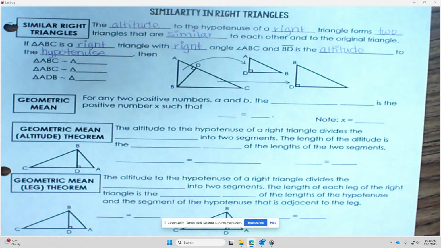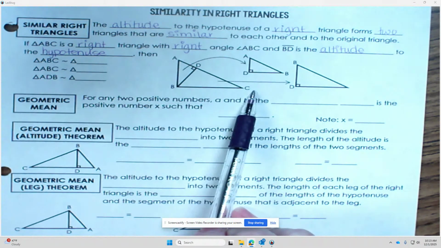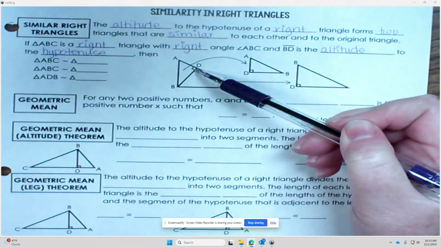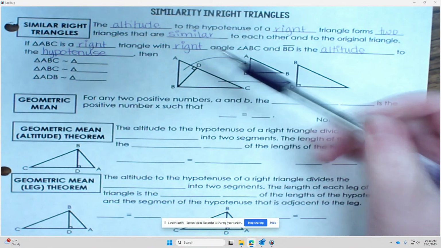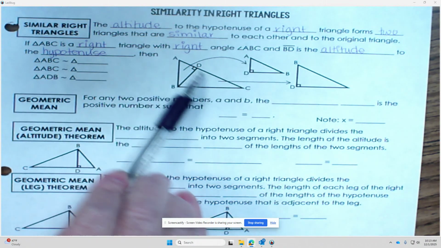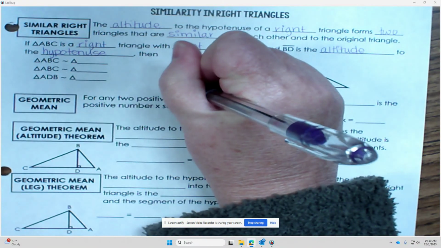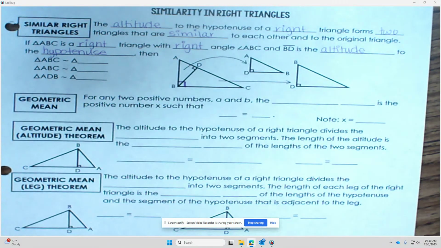So triangle ABC has an altitude BD that is perpendicular to the hypotenuse AC. And we know this is a right triangle, so I'm going to go ahead and put a little 90-degree mark here to remind us. Okay. And so what we know is these triangles are all similar to each other.